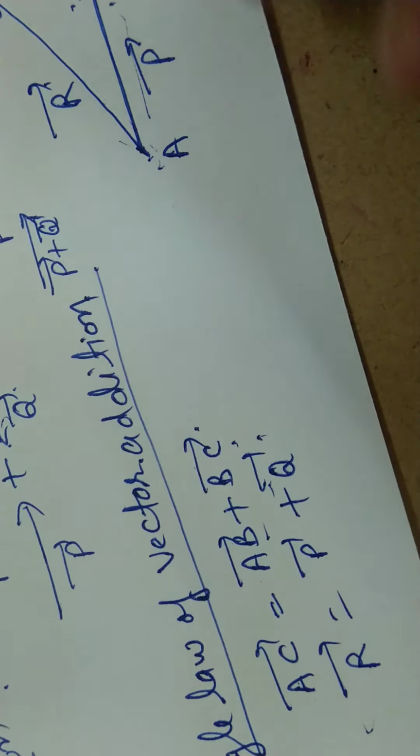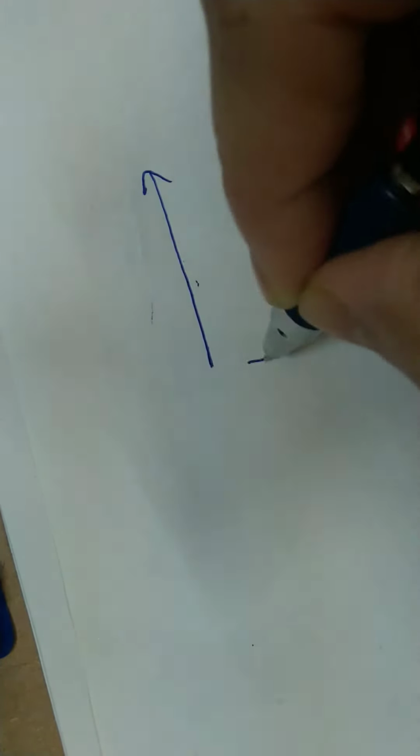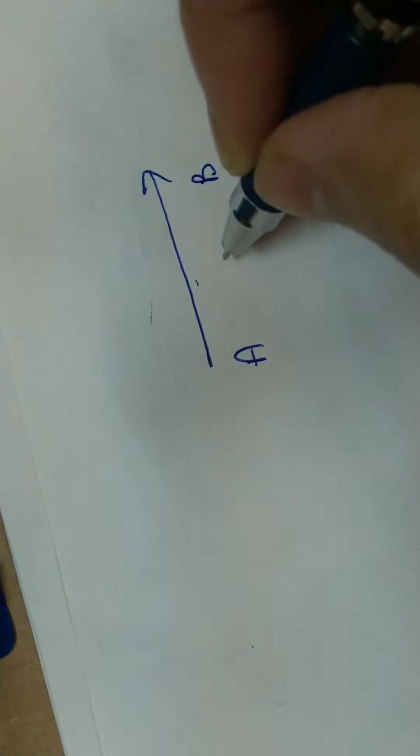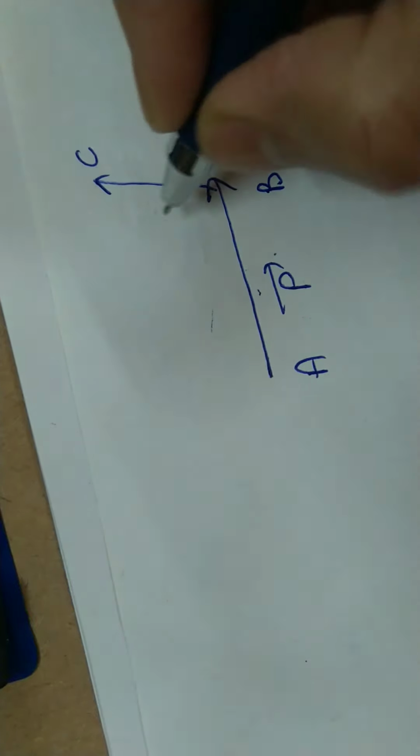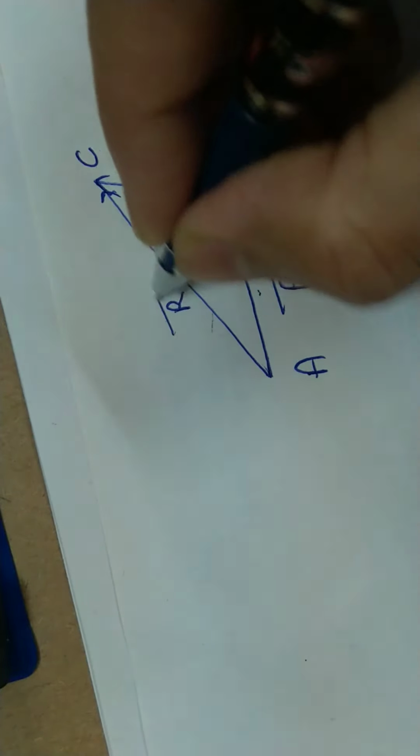Then we have the methods to find the magnitude and the direction by using the analytical form in the triangle law of vector addition. For that we take these two vectors: AB represents the P vector side, BC represents the Q vector, and this is the resultant R vector.